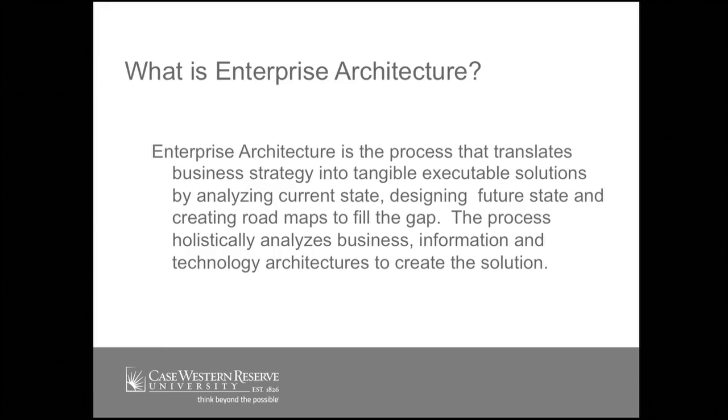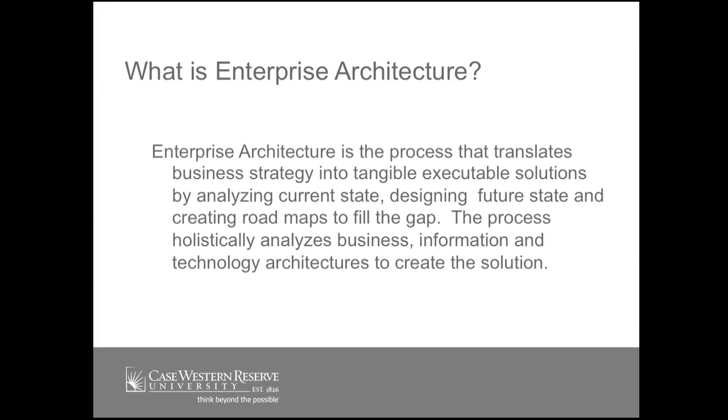So the first thing we need to know is what is the definition of enterprise architecture, and this definition here is really my definition. There's probably about 20 different definitions out there, but this one is mine.